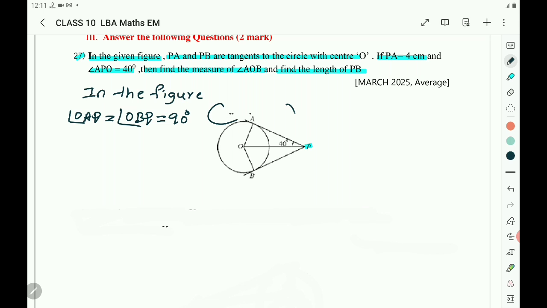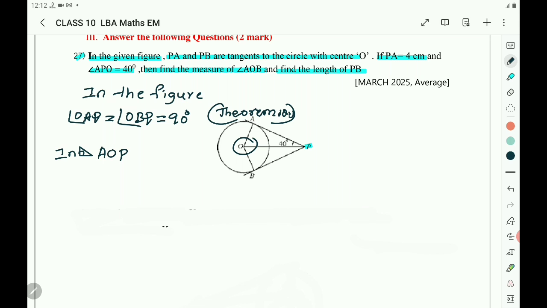Reason you can write theorem 10.1. That is the angle between the tangent and the radius through the point of contact. Now you take the name of this triangle. In triangle AOP, in right angle triangle AOP, what you have to find out?